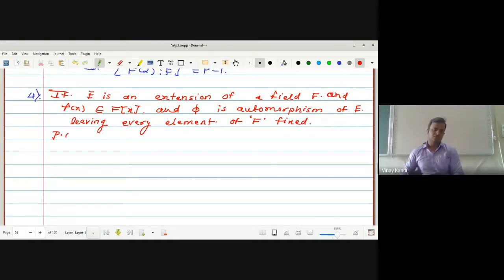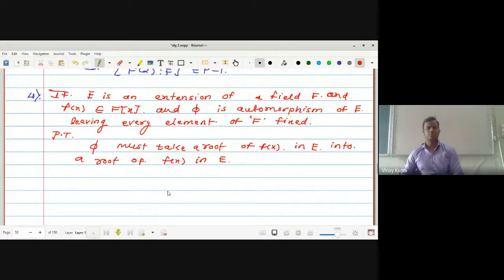Okay, then prove that phi must take a root of f of x in E into a root of f of x in capital E. Okay, what is the meaning of this sentence?